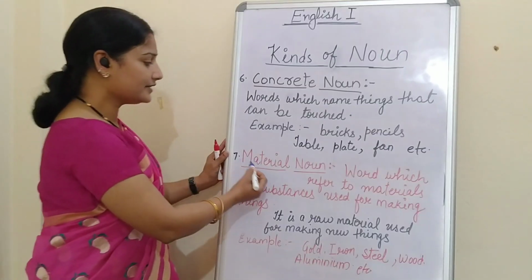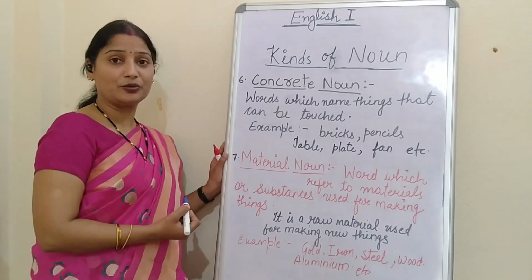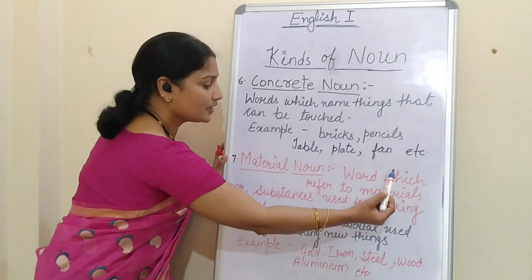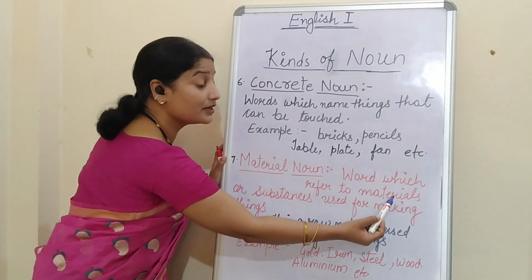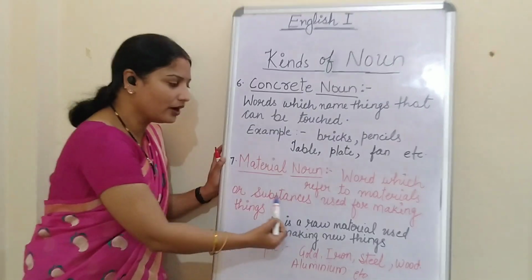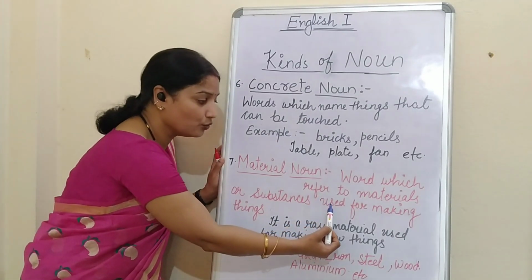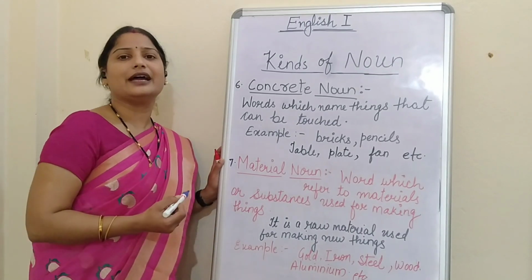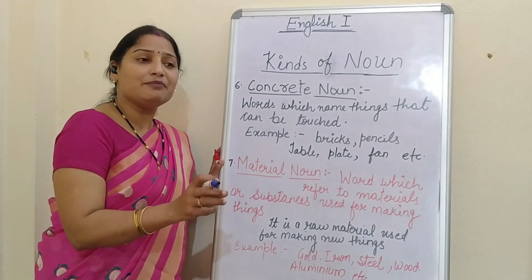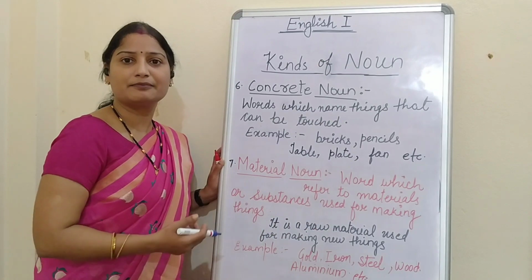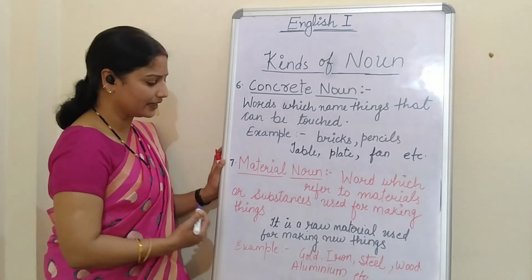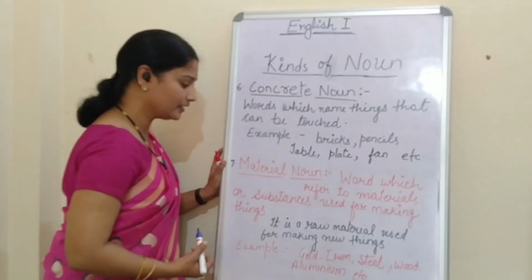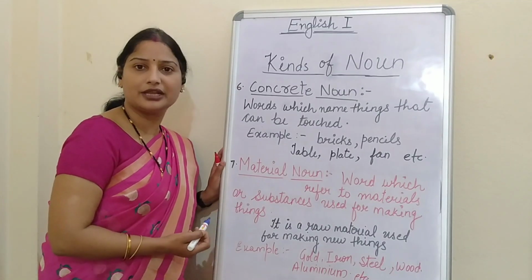Now, the next noun is material noun. Words which refer to the materials or substances used for making things. We can say that anything that can be used for making new things, or we can say that it is a raw material used for making new things.